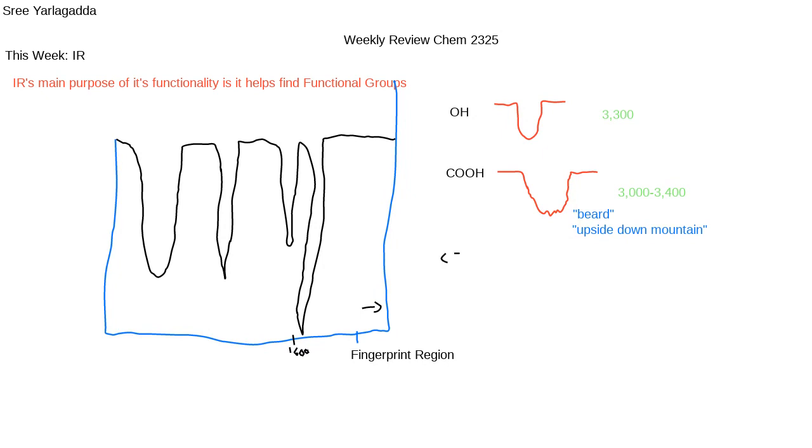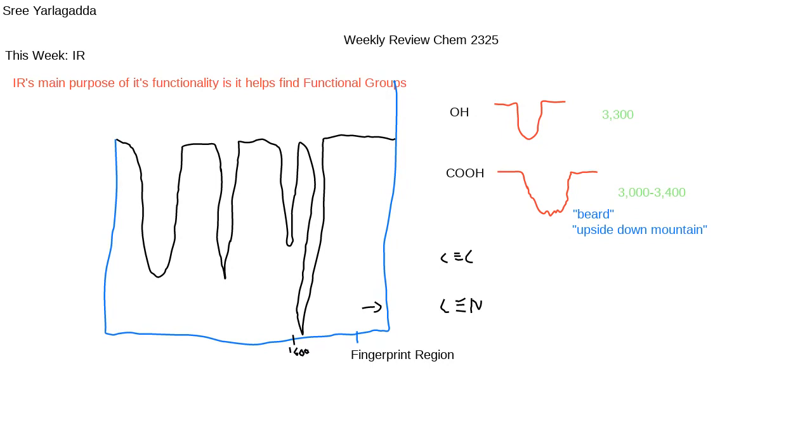So C triple bond to C, just a normal alkyne, compared to C triple bond to nitrogen, and this is called a cyanide. These also have unique specific ranges, not necessarily the shape of the peak, but the ranges are what you want to know.